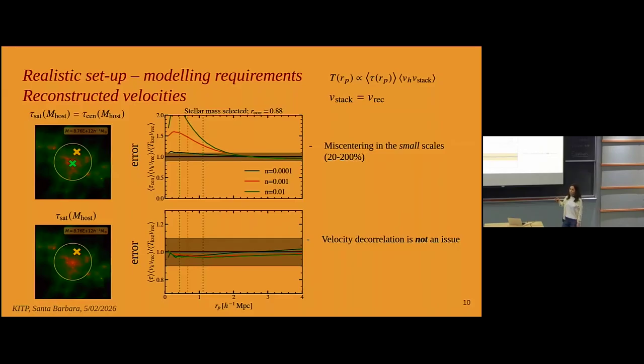So they don't show up in the estimator in the end. In this sense, stacking with linearly obtained velocities makes our life simpler with respect to nonlinearities that are actually in the real kSZ signal.